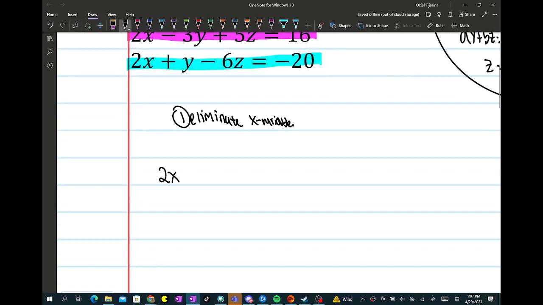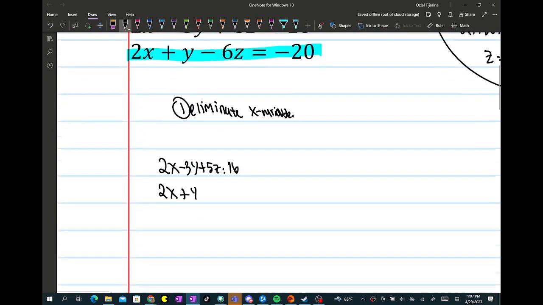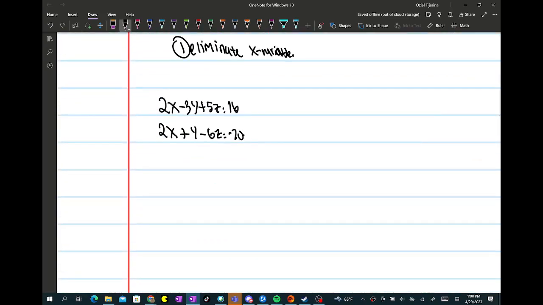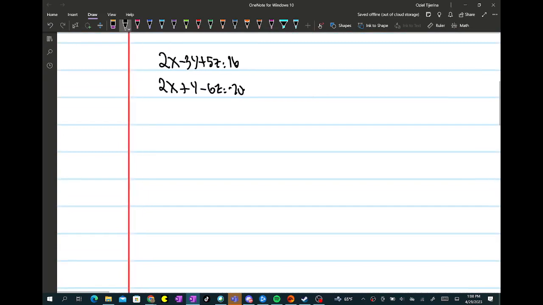So we have 2x minus 3y plus 5z equals 16, and then 2x plus y minus 6z is equal to negative 20. Now, like I said, I want to eliminate my x variable. This is pretty easy. All I have to do is multiply the top by a negative, using the distributive property.